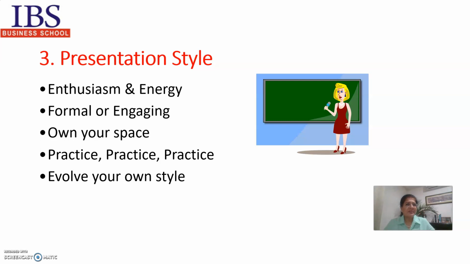The red circle may be there because of certain logistics, but generally when you are given a space, it is up to you to decide whether you want to stand there or move around. Whatever it be, be careful that you are connecting with the audience, not moving so much that you lose that connection.